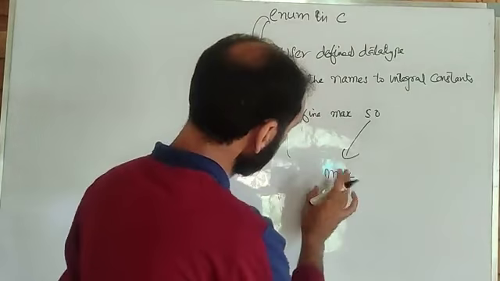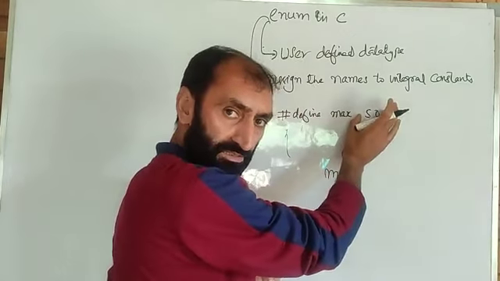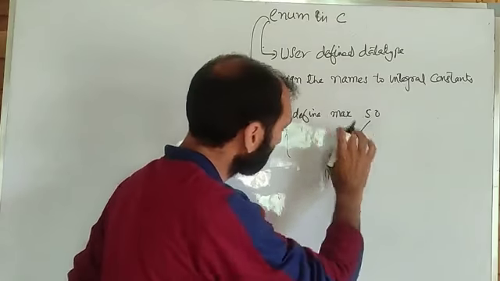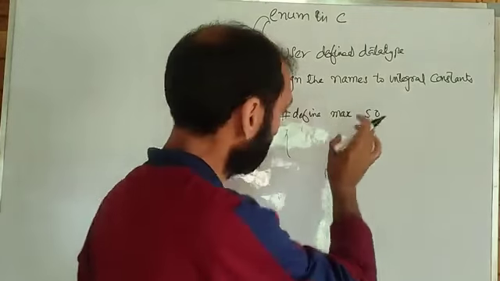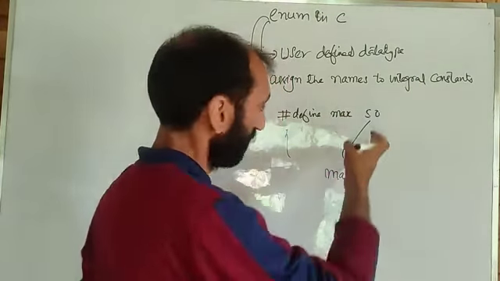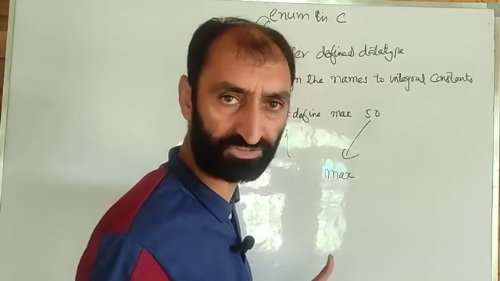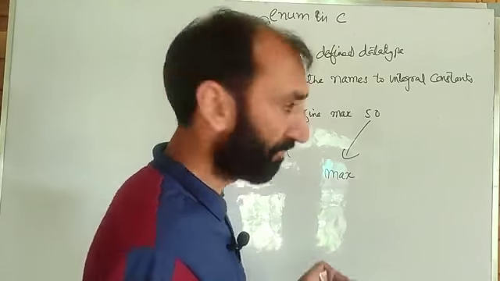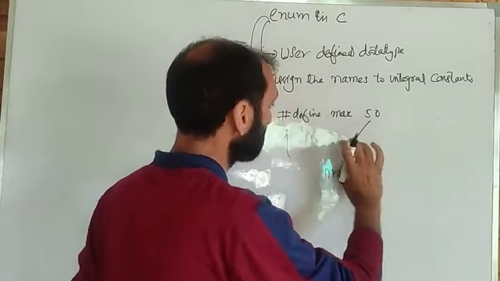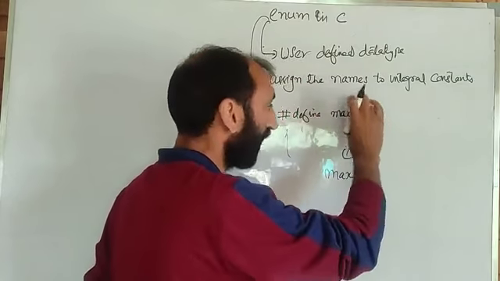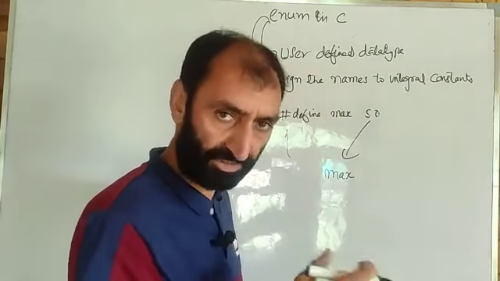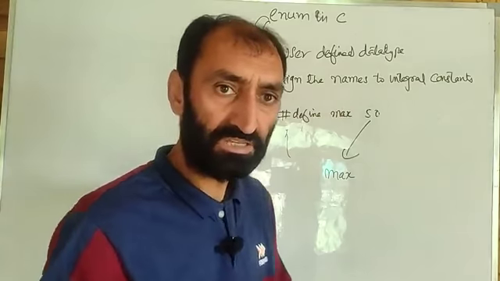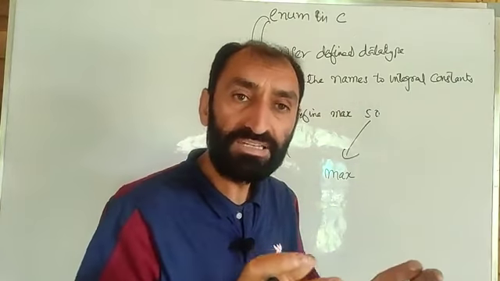So here, instead of this number, we use the name that has been assigned to this constant, because 50 is also an integral constant. By using their names rather than numbers, it increases the readability of the program.